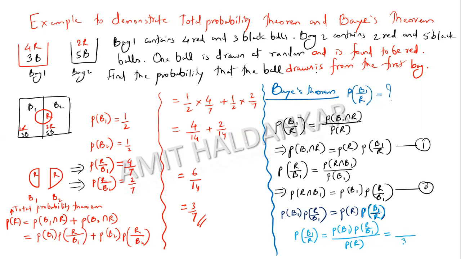So this would be 3 by 7. And P of B1 into P of R by B1. P of B1 is half. P of R by B1 was also calculated earlier as 4 by 7. So if I cancel this, you will get 2 by 7, the 7 will cancel here. You will get 2 upon 3 as the final answer.